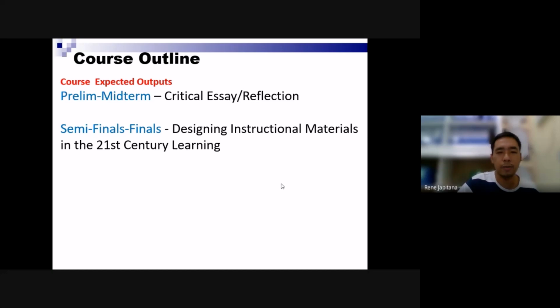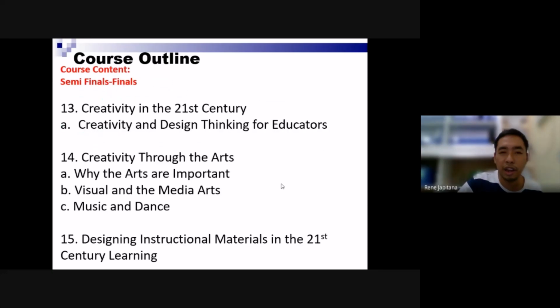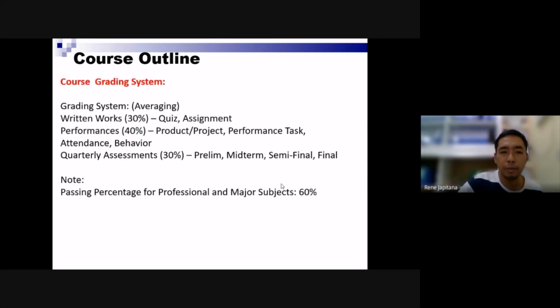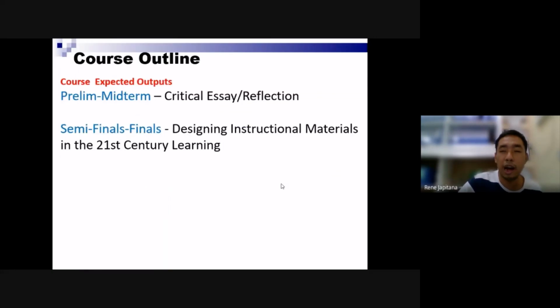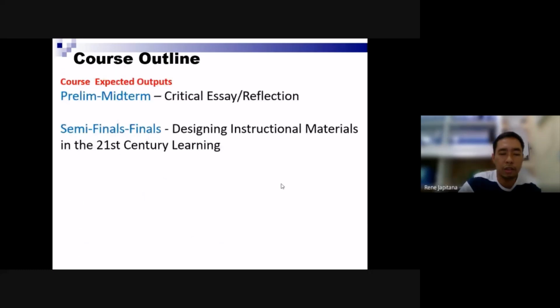So it is expected that there will be demo teaching, but it is a simulation of a demo teaching. You will be creating your own demo teaching and expecting that there are students who interact. It is like when you apply for work now, you demo in the new schools, in schools in the new normal.